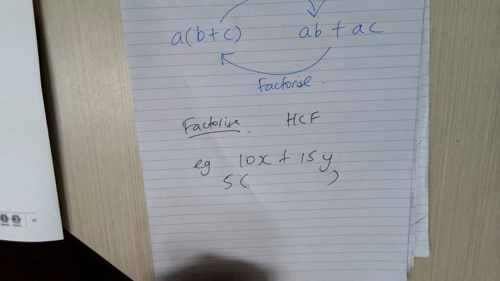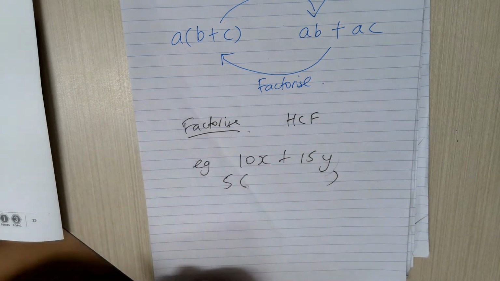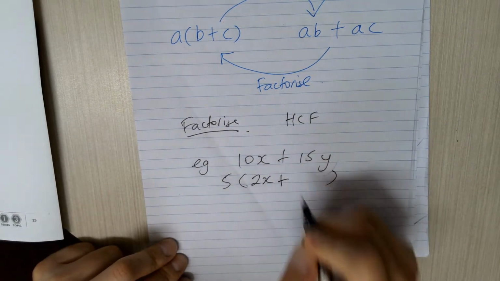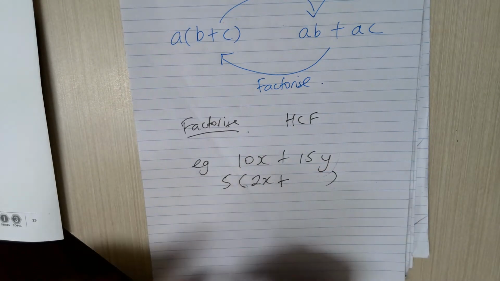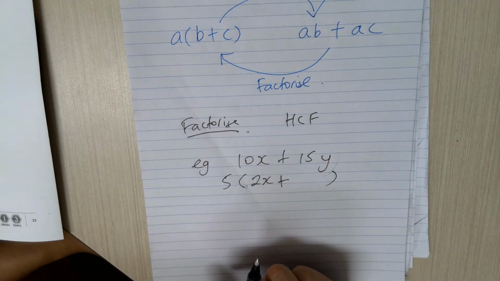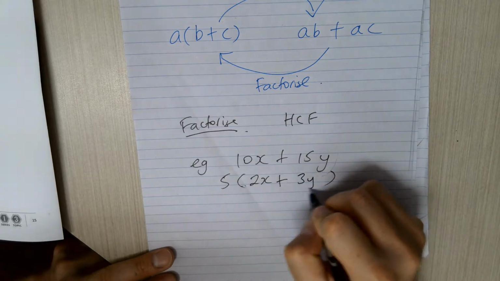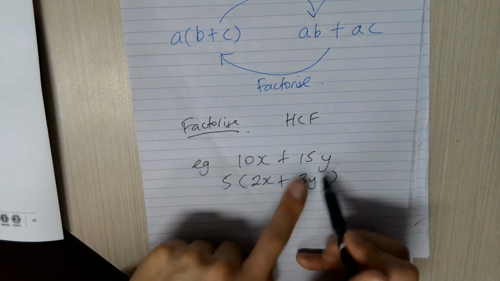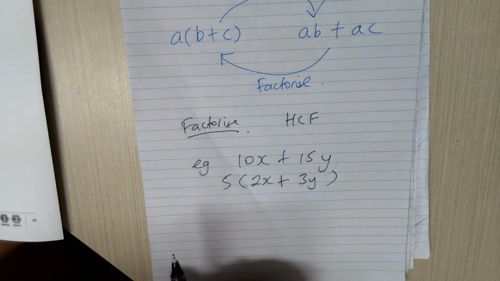The second step is you want to divide each term by the highest common factor. So 10x divided by 5 is 2x plus 15y divided by 5 is 3y, because 5 times 2x will give me 10x. 5 times 3y will give me 15y.